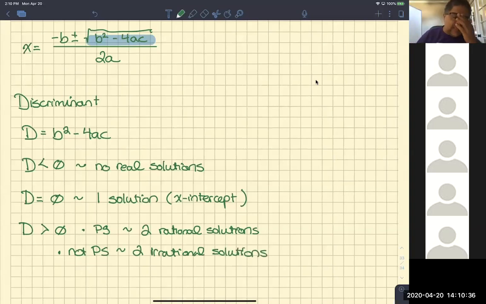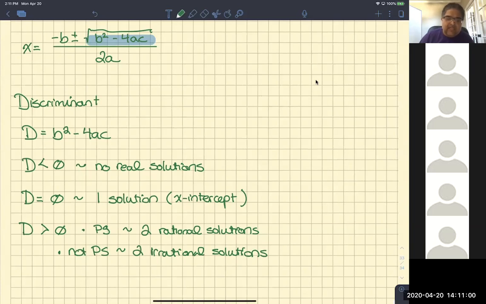So remember from class what an irrational number is. It's a number whose decimal keeps going. So like pi, or the square root of 2, or the square root of 7. Okay. So that based on what the discriminant value is, I can see whether it is even worth my time to keep going with the quadratic formula.